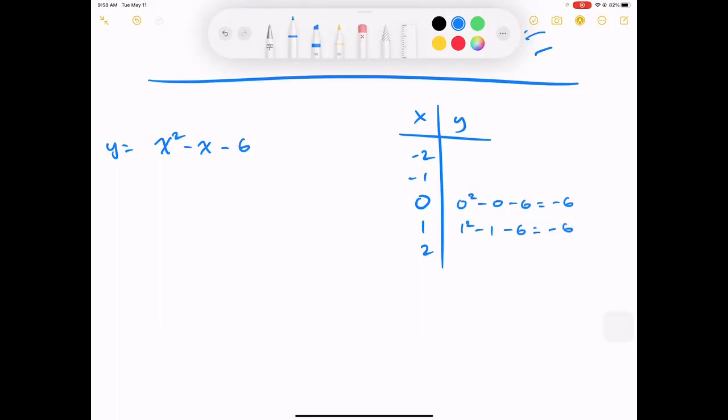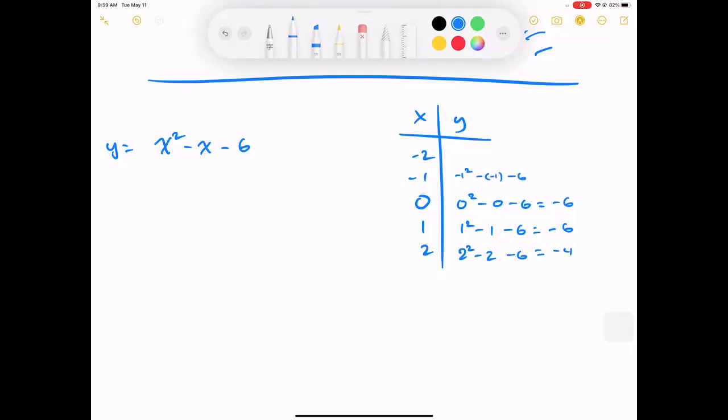Let's do 2. 2 squared is 4. 2 squared minus 2 minus 6. 4 minus 2 is 2. 2 minus 6 is negative 4. Over here, negative 1 squared minus negative 1 minus 6. That's 1 plus 1 cancels out.